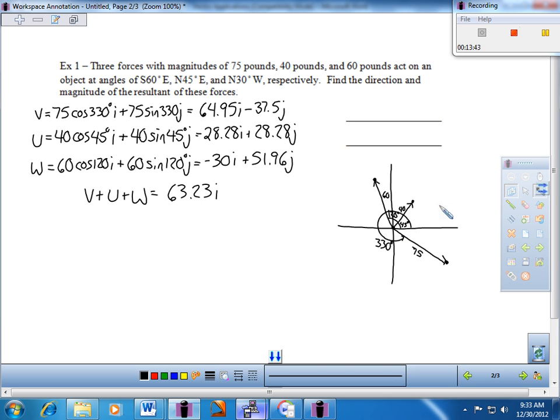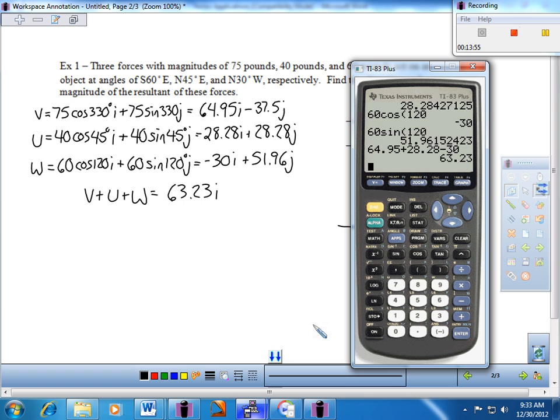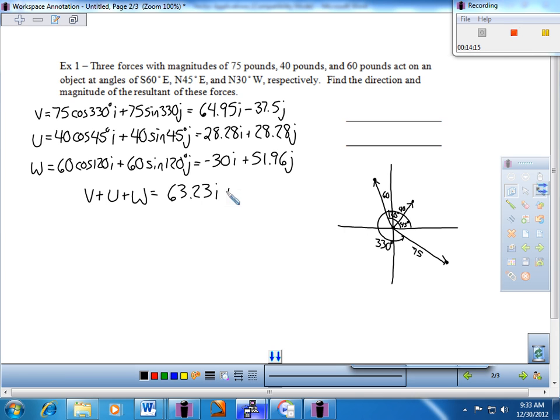That's 63.23 just horizontally. Let's go ahead and get the vertical and see what we end up getting here. So I have negative 37.5 for the first one, the 28.28, and then the third one here, 51.96. I'll hit enter on that, and we get about 42.74. Okay, so let me get that in.